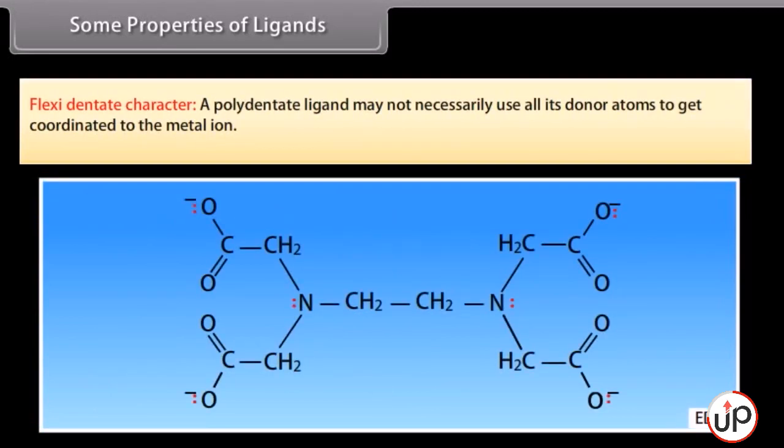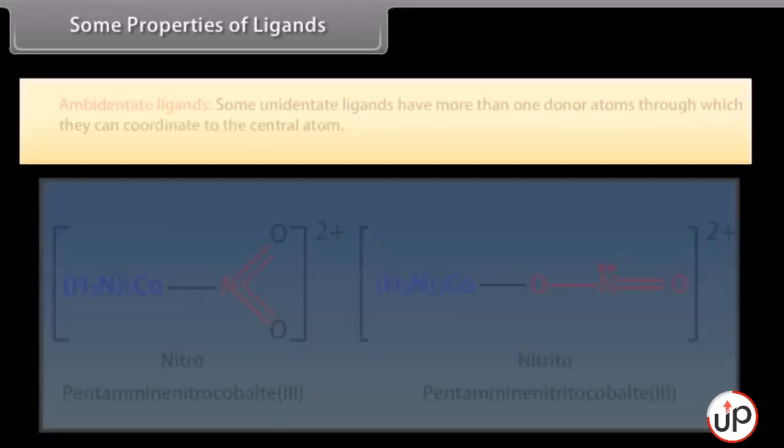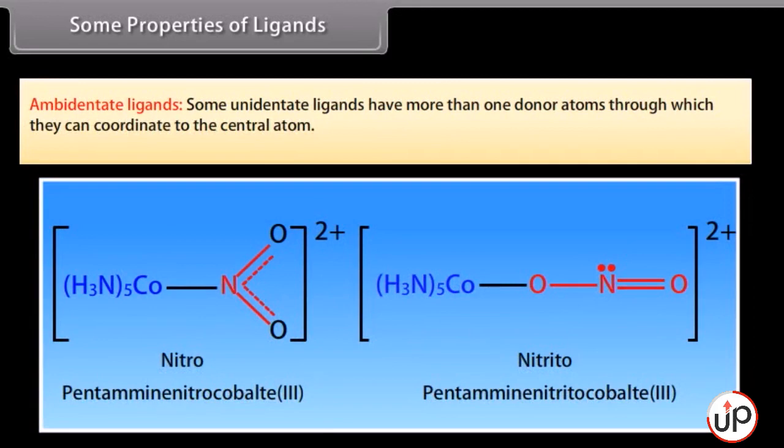A polydentate ligand may not necessarily use all its donor atoms to get coordinated to the metal ion. For example, EDTA can act as a hexadentate or a pentadentate or a tetradentate ligand. Ambidentate ligands. Some unidentate ligands have more than one donor atoms through which they can coordinate to the central atom.